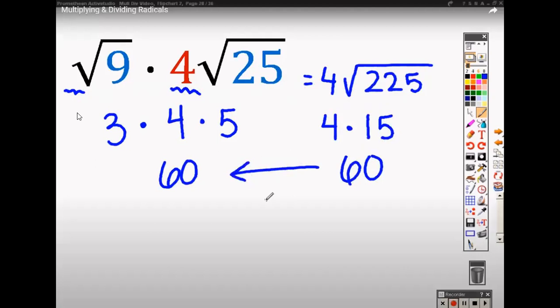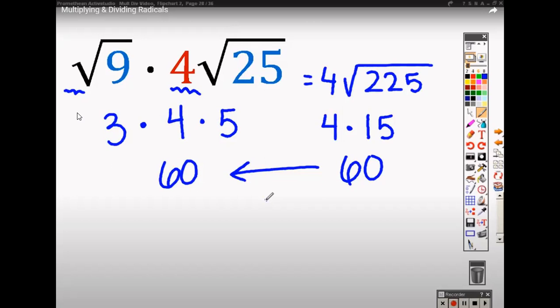So we have two different methods to answer this question. If you note that 9 is a perfect square number, we can find square root 9, which is 3. And 25 is a perfect square number, so we can find its root, 5. And we will keep 4 the same.